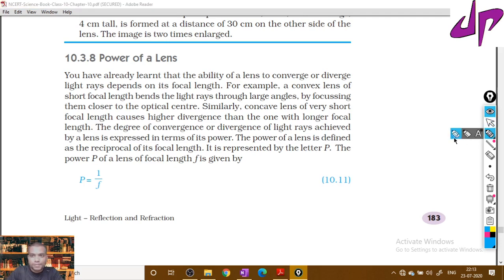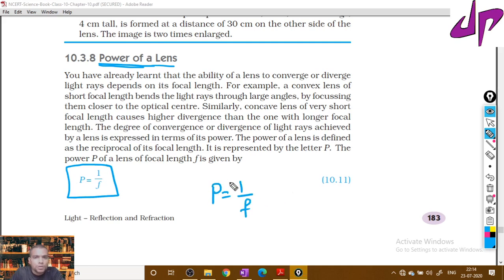So one more concept, power of a lens. What does power really mean, how can we define it? As a simple formula, the power of a lens P is the reciprocal of the focal length. P equals 1 over F. It has units also.